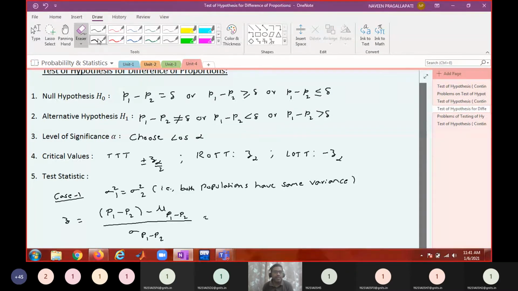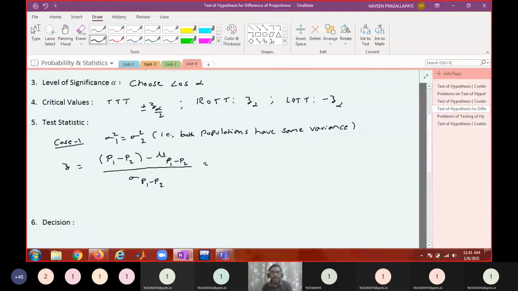Okay, so this is going to be (p1 minus p2 minus delta) divided by root of p1 q1 by n1 plus p2 q2 by n2.